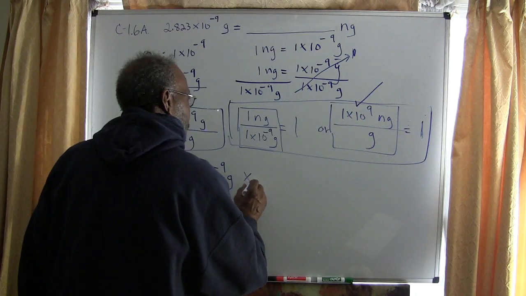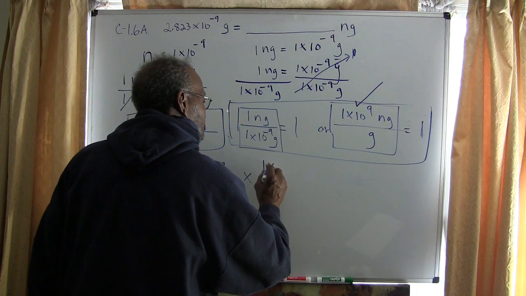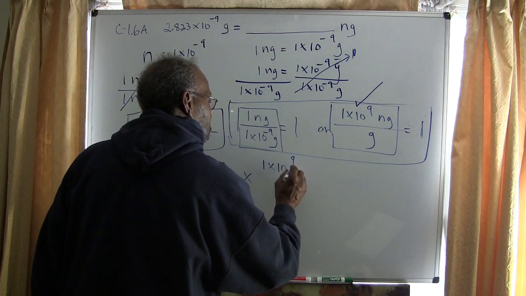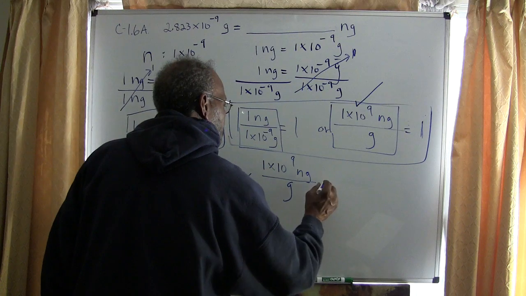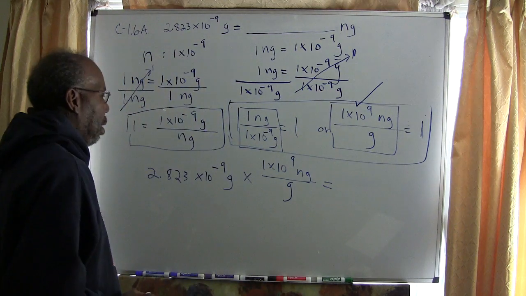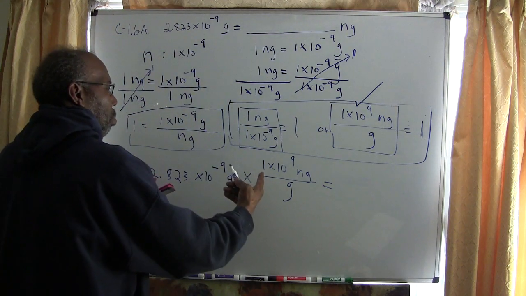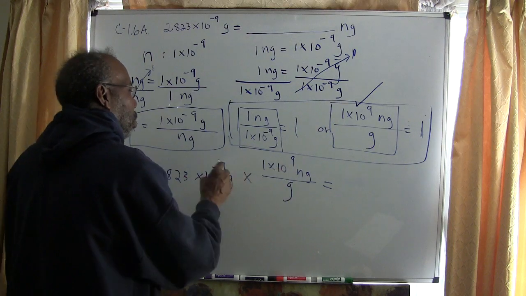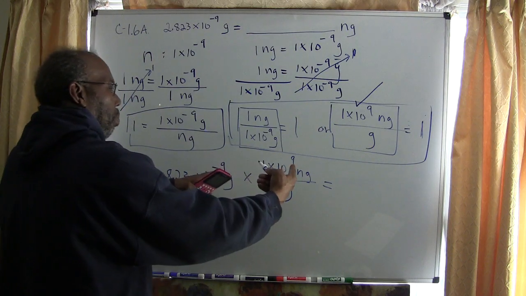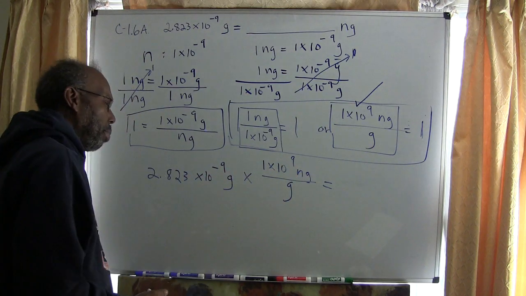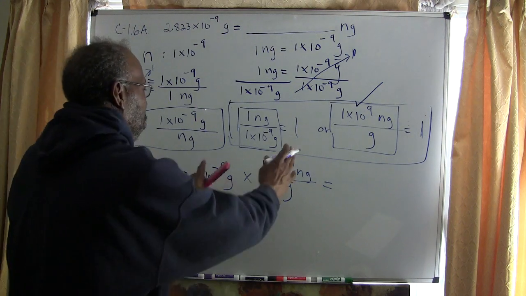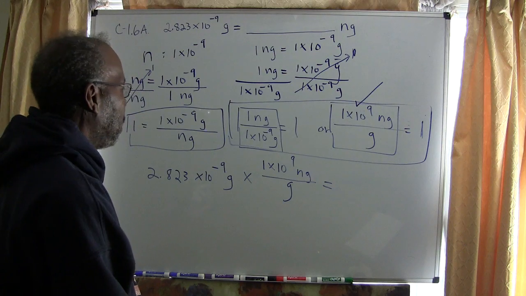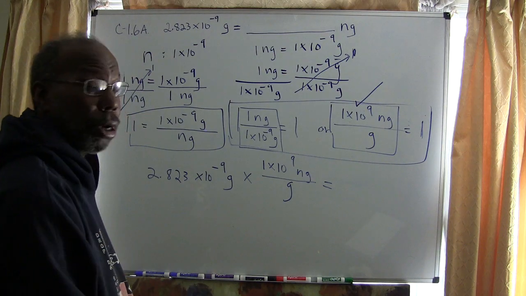Multiply by the conversion factor, and when you multiply these two, you add the exponents, and they both cancel out. So this is going to be 1, it'll be 10 to the 0, so that's equal to 1.